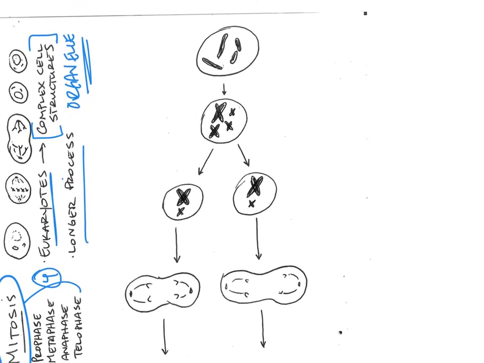So I've got a cell here, and this is where chromosome count becomes very important. So this individual has got 2 pairs of chromosomes. So he has 4 individual chromosomes and 2 pairs. And as we go through, this would be meiosis 1.